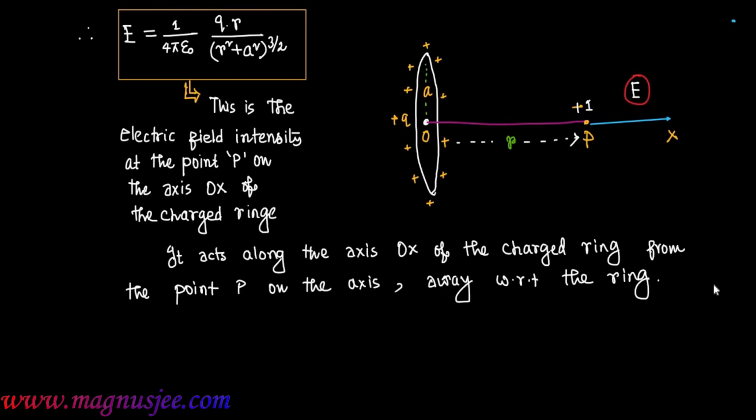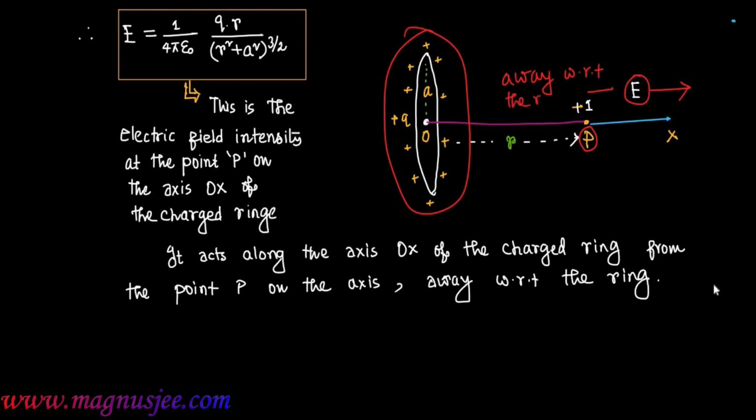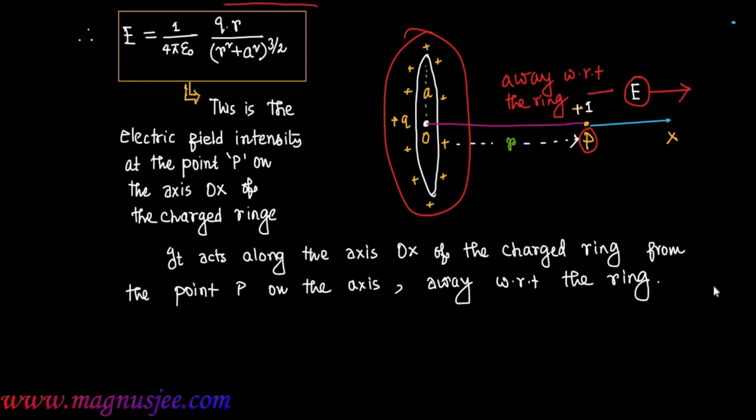The field intensity E at the point P due to the charge ring acts along the direction PX, away from the positively charged ring, because the unit positive charge will experience an electrostatic force of repulsion due to the positively charged ring. Therefore, E is the electric field intensity at a point P on the axis of the charged ring.